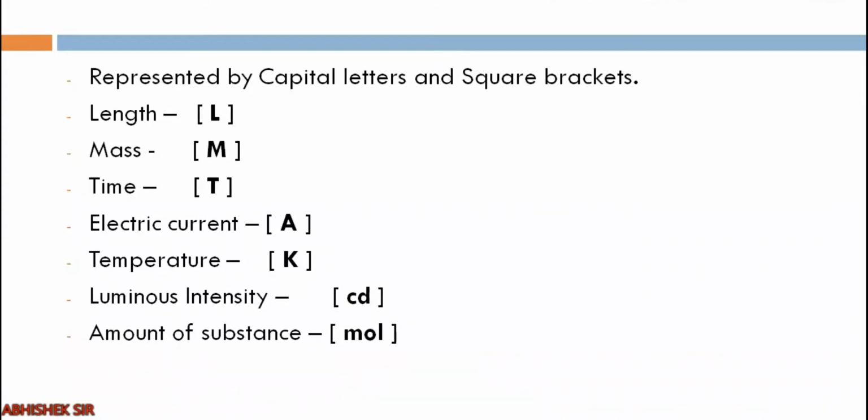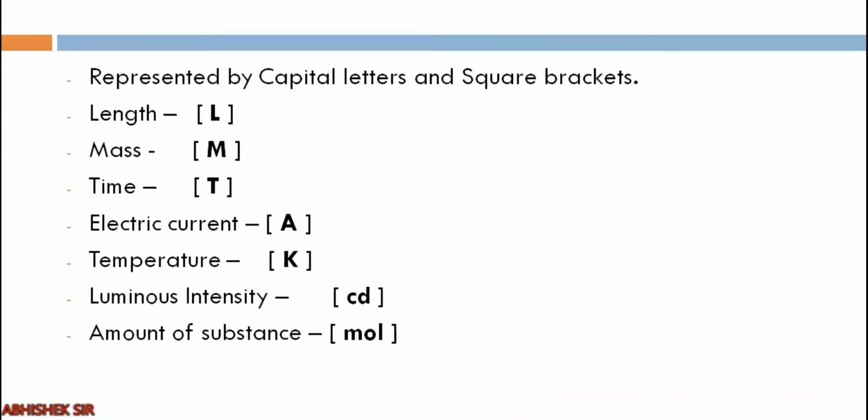Okay, so basically what is a dimensional formula? It is just a representation of that derived quantity in terms of the basic fundamental quantities, right? So the essence of this whole thing lies in that any physical derived quantity can be expressed in terms of a combination of the seven fundamental or base quantities.